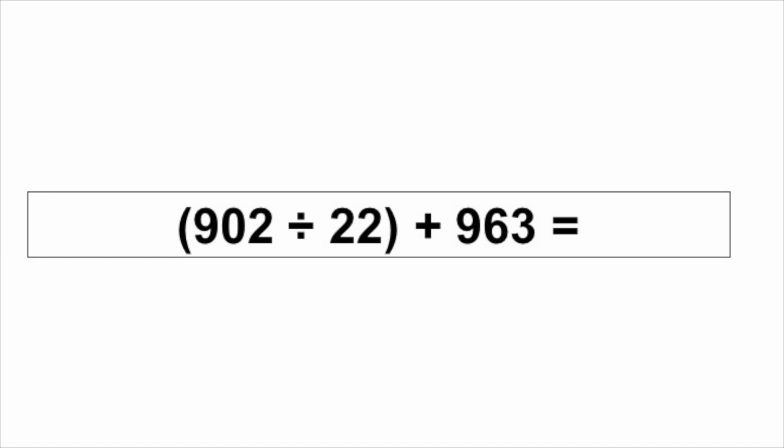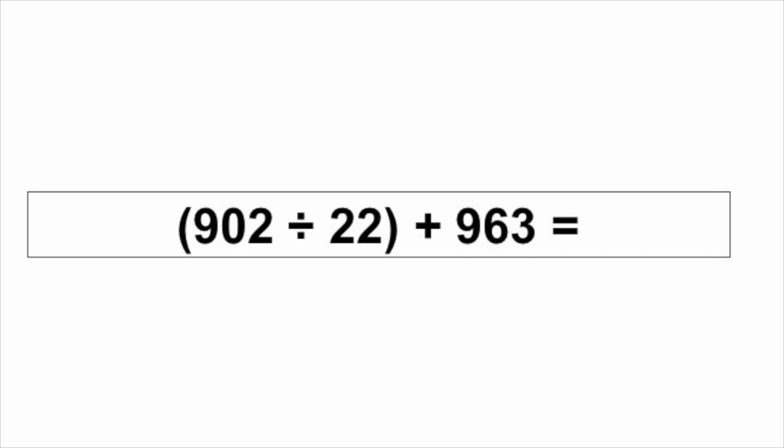902 divided by 22 plus 963. So what's the first problem that we do, guys? In the brackets. 902 divided by 22. So what do we need to do first?